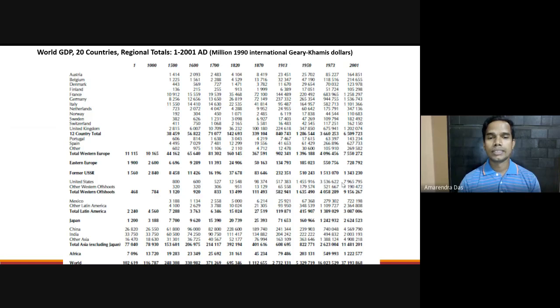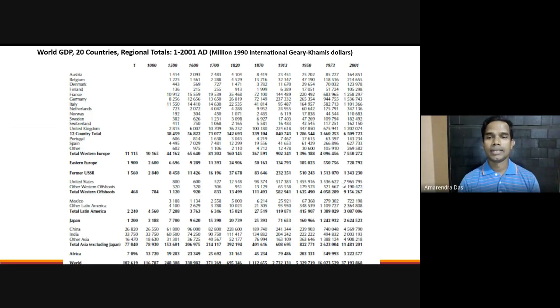Then the world GDP grows, and it reaches $1 trillion by 1870. So from 102 billion, it took almost 1870 years to reach $1 trillion world GDP.